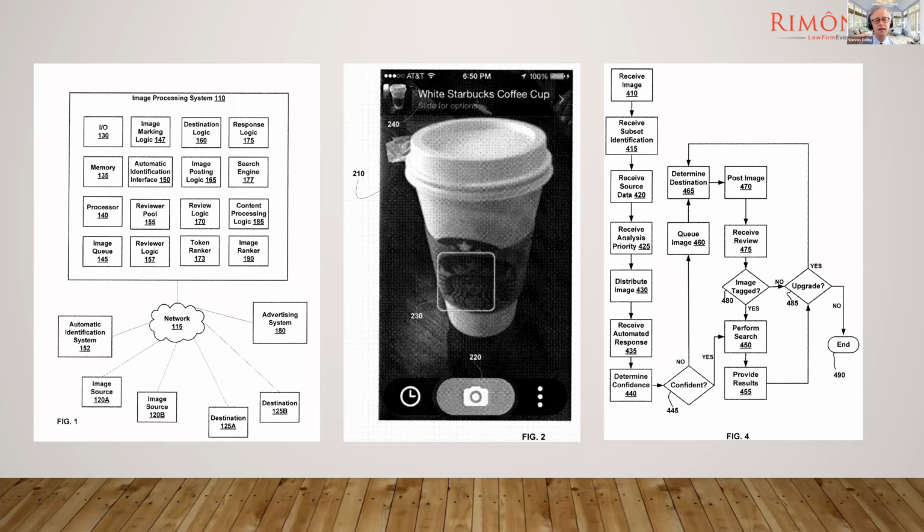Figure 4 lists a series of steps, starting with receiving an image, receiving a subset of identifications within the image, receiving some data, analyzing, etc. And the claim that corresponds to this figure is going to be a series of steps. It's a method of doing something.